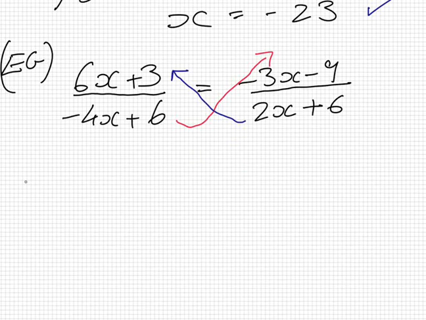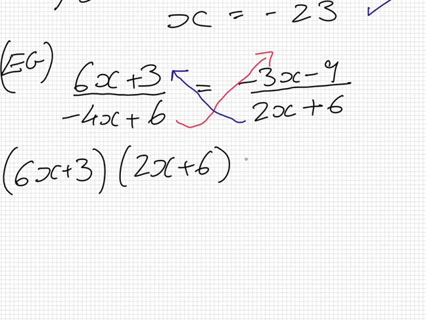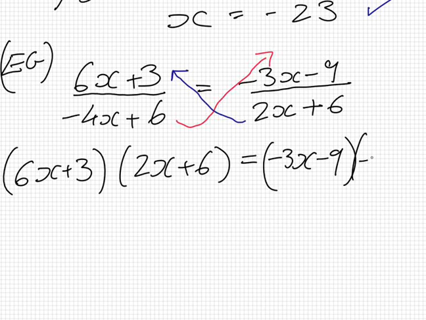So what you'd end up with is this. 6x plus 3 times 2x plus 6 equals minus 3x minus 9 minus 4x plus 6.